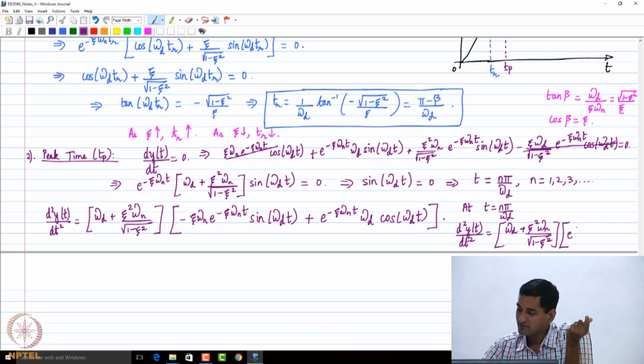So we get e power minus zeta omega n times n pi by omega d, which is a finite number anyway, times omega d times cos n pi.